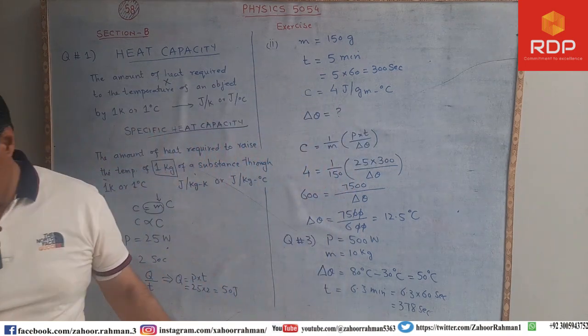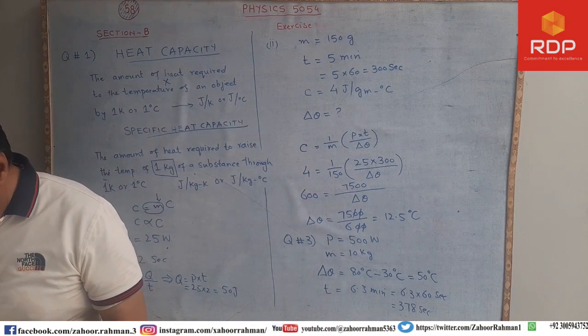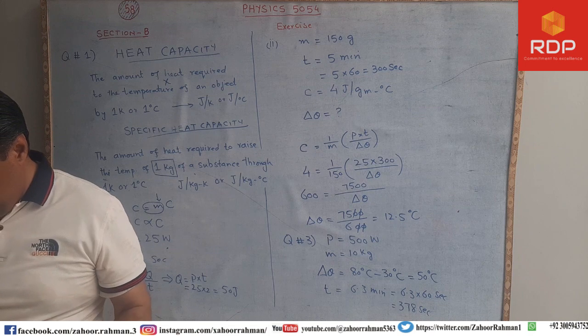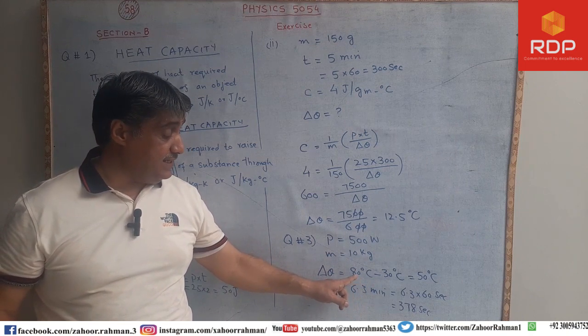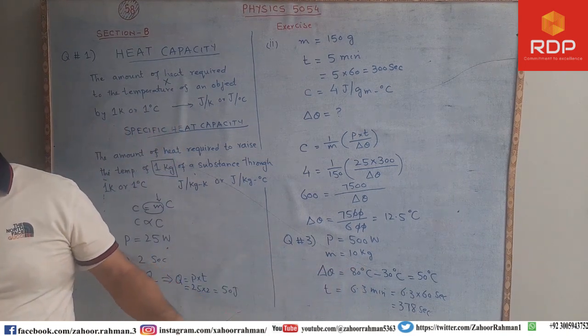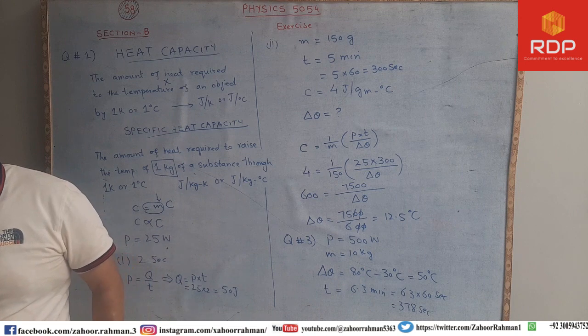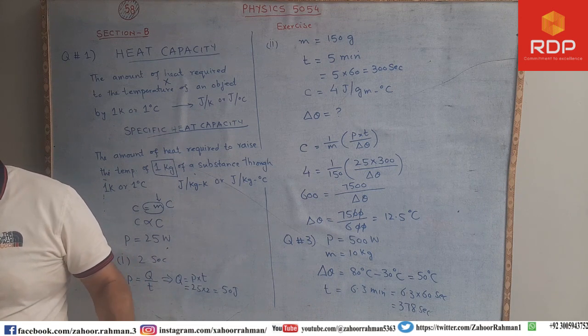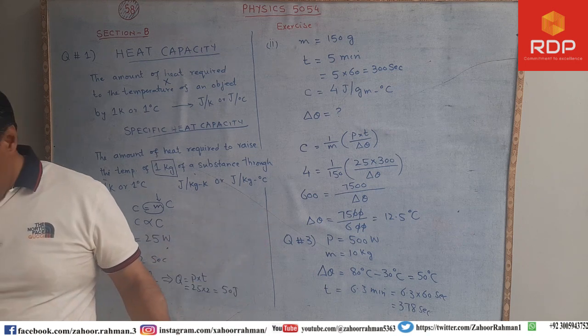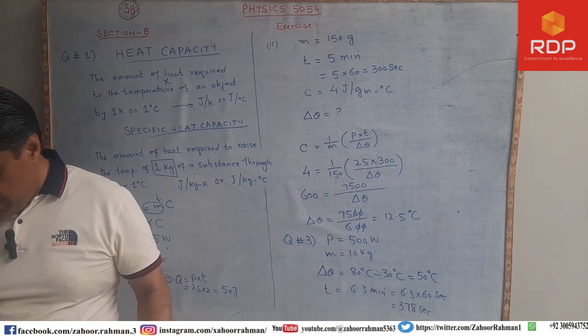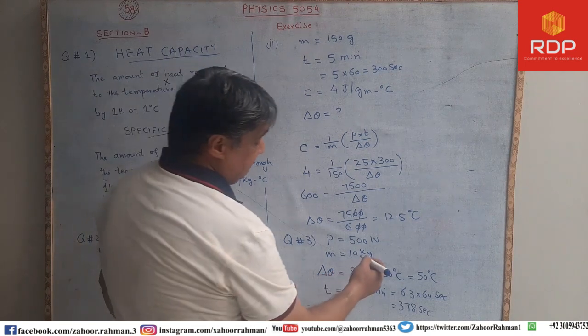It will take 6.3 minutes. The temperature of the metal rises to 80, as I told you earlier. So the temperature difference, first it was 30, in 6.3 minutes it rises to 80 degrees Celsius.